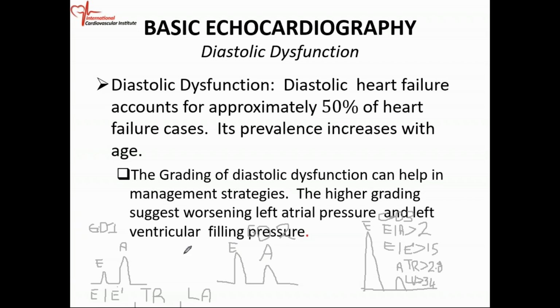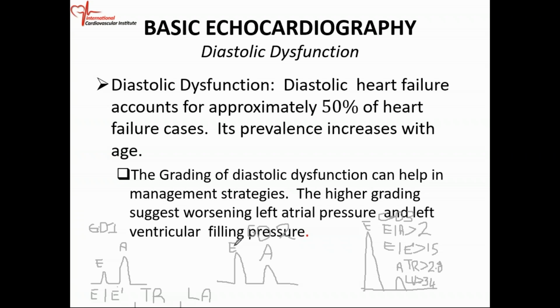They're sicker than your grade 1 patients, because when you have grade 2 diastolic dysfunction, you usually have evidence of increased left atrial pressure, increased left atrial volume, and your TR velocity is going to be greater than 2.8, which suggests some amount of pulmonary hypertension.